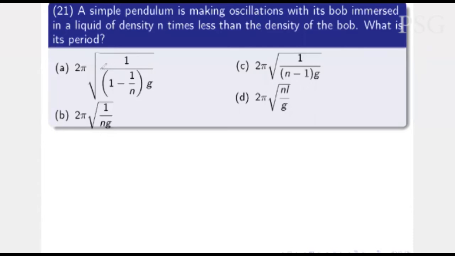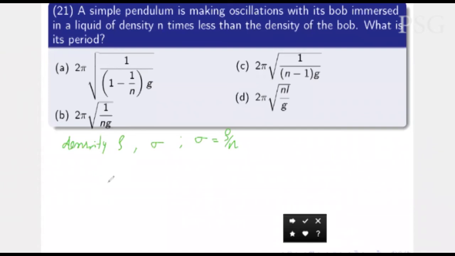They are asking for the time period of a pendulum oscillating in a liquid. So let me consider density of bob to be rho, and for liquid sigma. How is it related in this problem? Sigma is equal to rho by n. It is n times less.